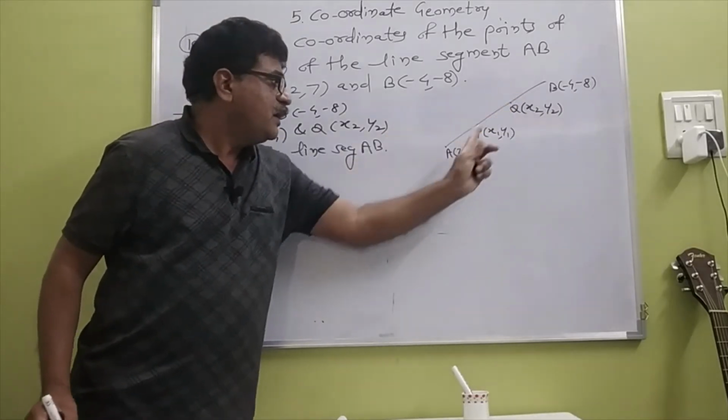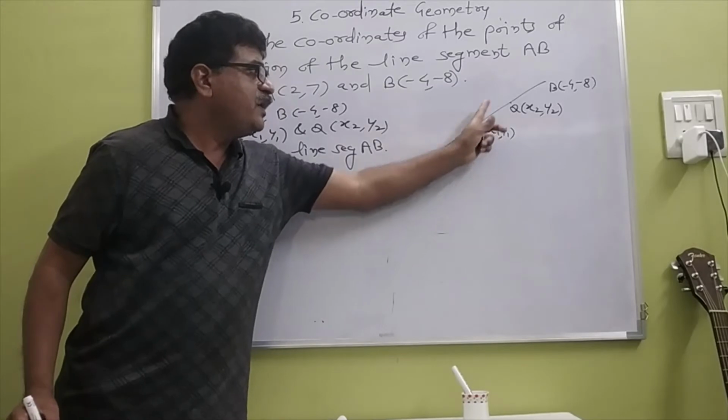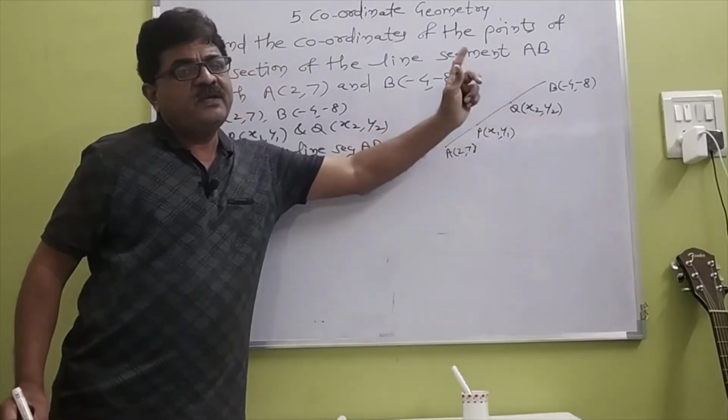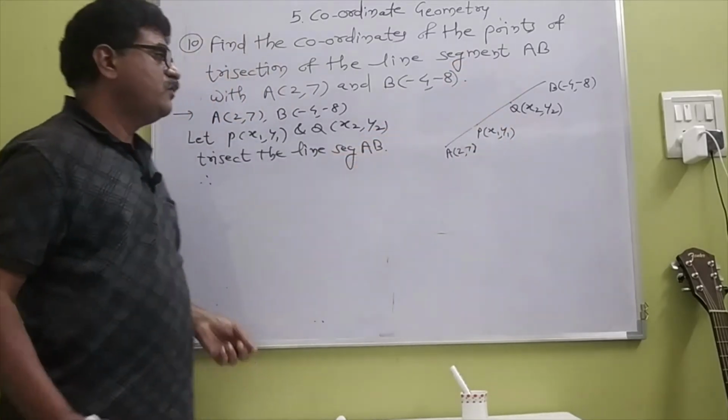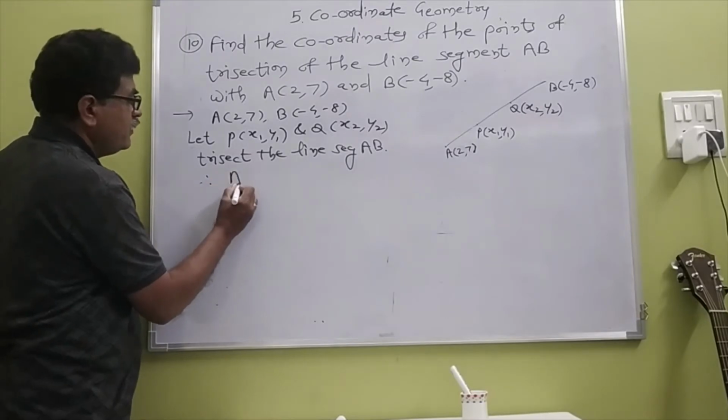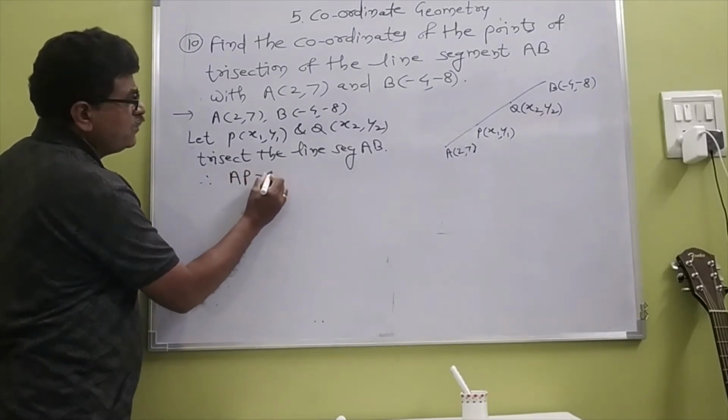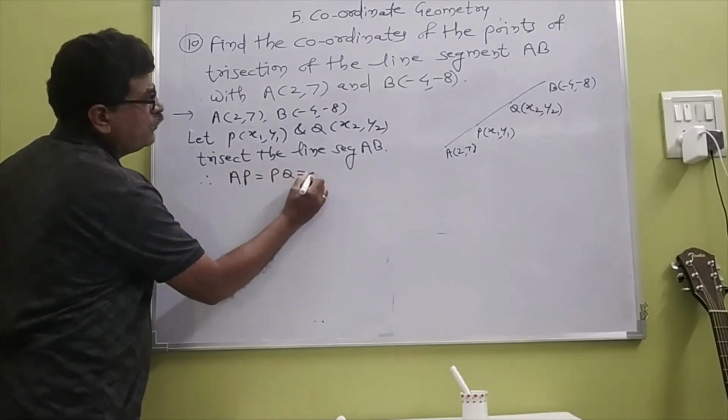Therefore, AP is equal to PQ is equal to QB. That is, the 3 parts are equal.